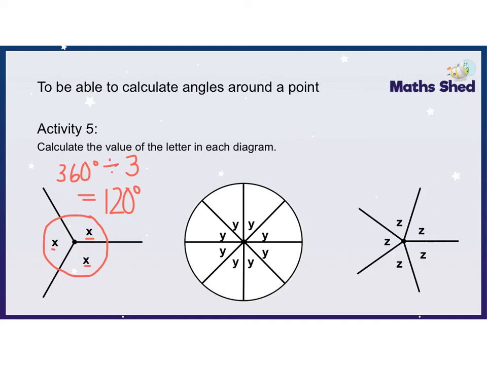This one has been divided into 1, 2, 3, 4, 5, 6, 7, 8, into eighths. So this time 360 divided by 8. Or I could say, if we relate it back to our fractions, 1/8 of 360.